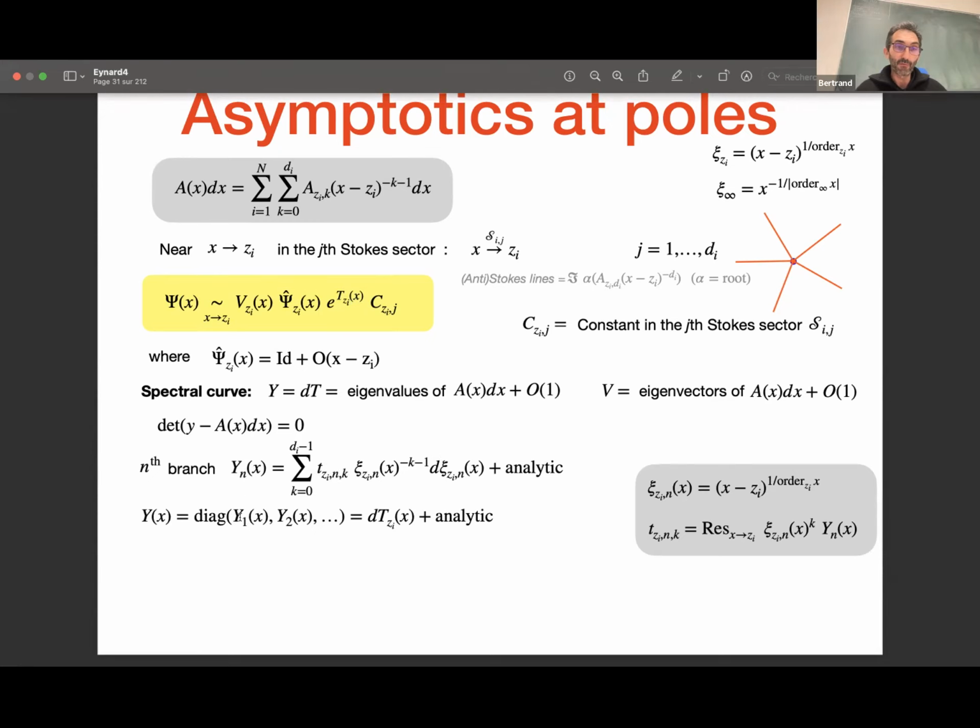The different eigenvalues make a diagonal matrix, which you should think of as an element in the Cartan algebra. And it's a differential form, so it's a Cartan tensor differential form. This is what we call our dT. In formula, T is the integral of this. It contains some negative powers of xi and also a logarithmic term, possibly corresponding to a residue.